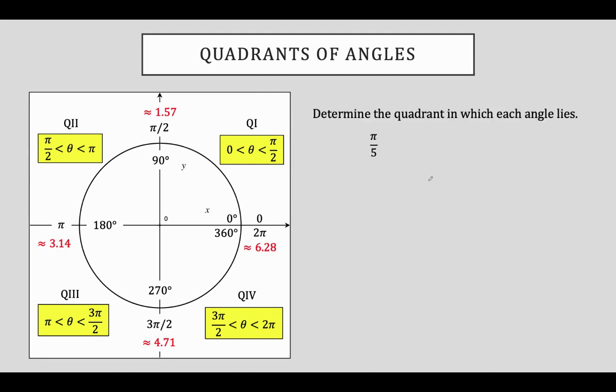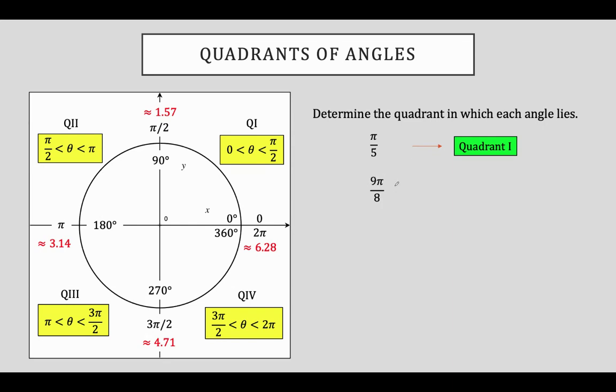So let's see if we can determine the quadrant in which each angle lies. Here we have the angle pi over 5 radians. Well, this is 1/5 of pi. Notice that 1/5 of pi would be between 0 and pi over 2, 0 and a half pi. Because of that, this angle would be in quadrant 1.